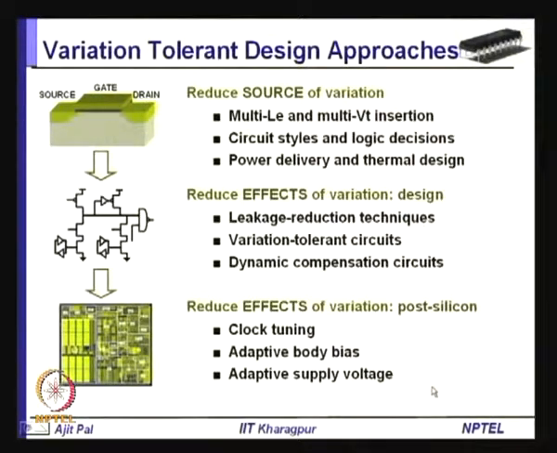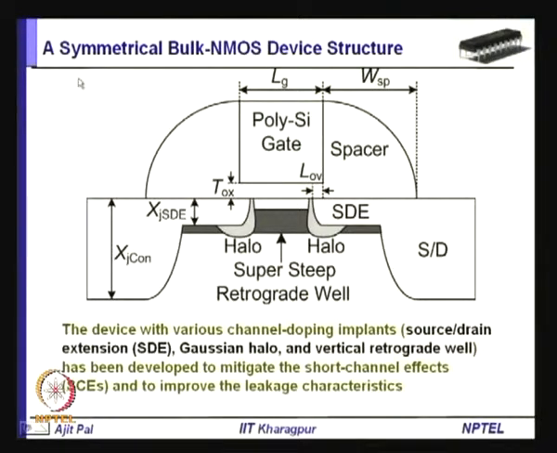First, let us focus on the first technique. You can see here, this is a single MOSFET transistor structure. This has been designed in such a way, with various channel doping implants, source drain extension SDE. You can see the source drain extension has been done.